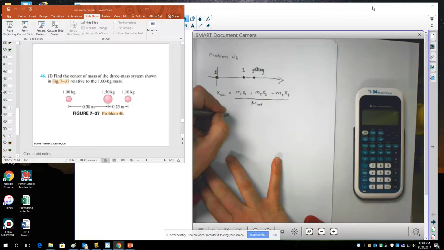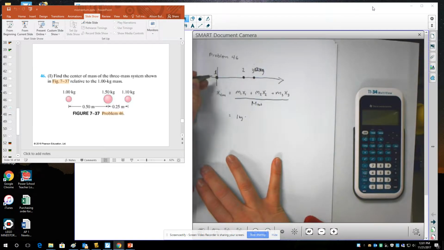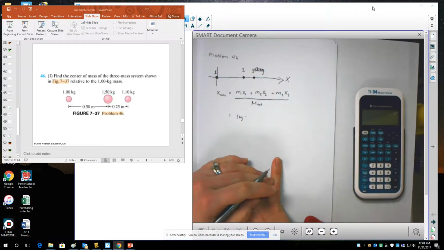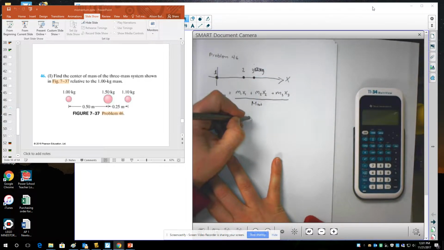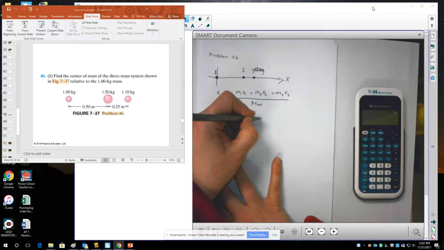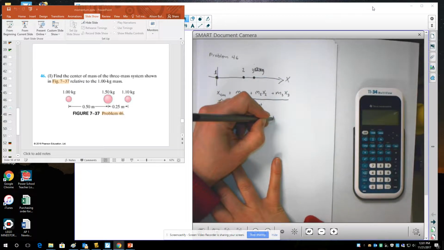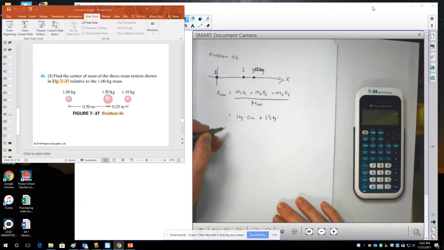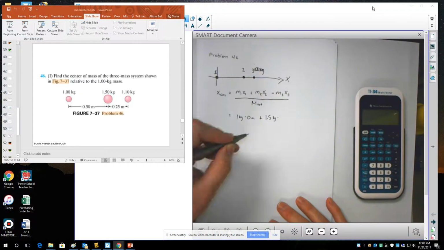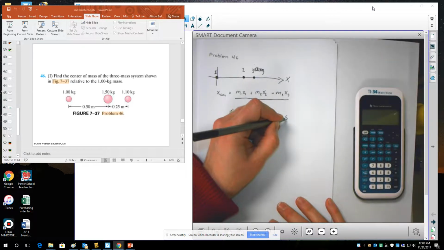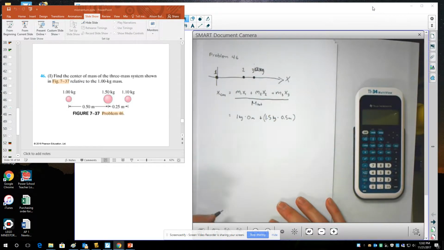So I look at 1 kilogram and its position along the x-axis. This is x, I forgot to label it. It's at 0. I look at mass 2. It is 1.5 kilograms, and according to the diagram, it is at 0.5 meters from x equals 0.